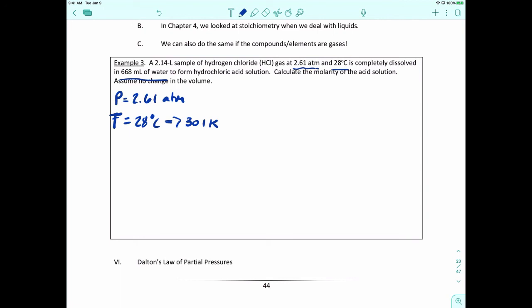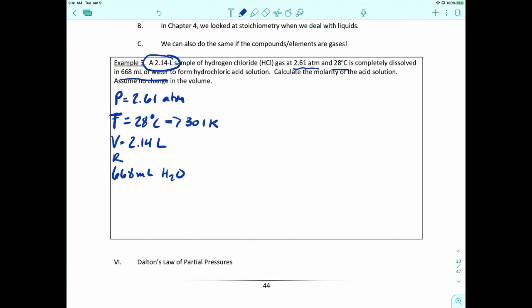All right, now the volume, we're told 2 different volumes. The gas has a volume of 2.14 liters, but we're also told that we have 668 milliliters of water. All right, so the only letter that we're missing, and we know R, by the way, is again N, the number of moles.